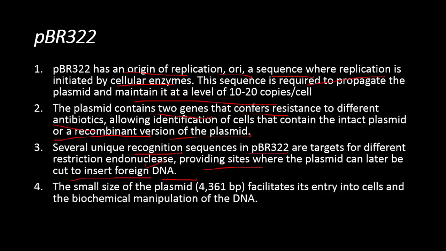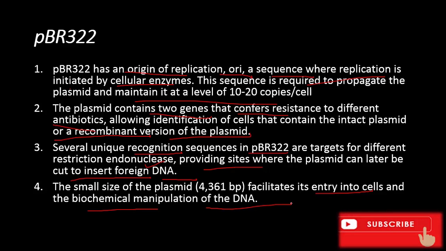The size of the plasmid is small, 4,361 base pairs, and this facilitates its entry into cells and the biochemical manipulation of the DNA. So that's all for today's lecture.